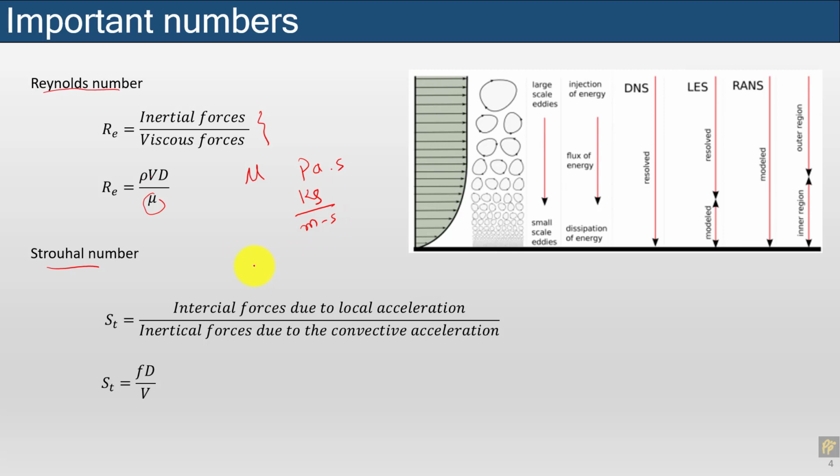The second thing you might have seen in the Reynolds number definition is mu divided by density. This is known as the kinematic viscosity, and mu alone is known as the dynamic viscosity.